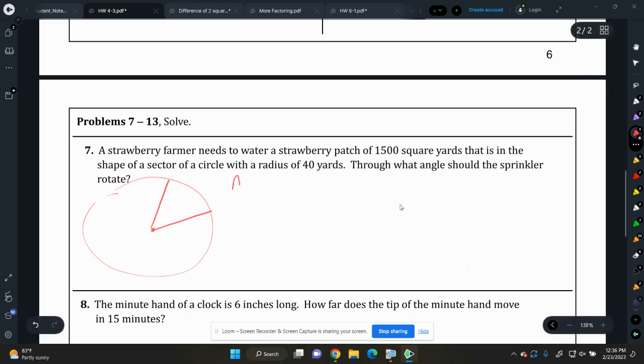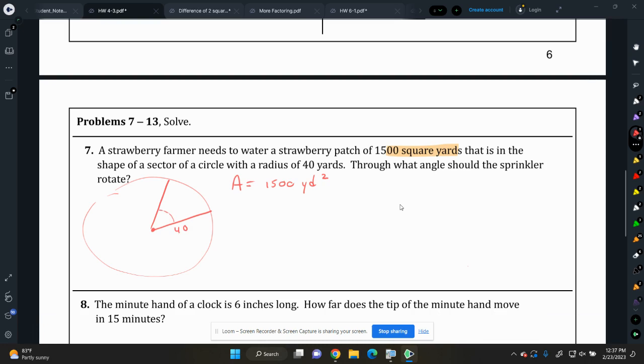The area of that sector, because it says square yards, the area is 1,500 square yards. Has a radius of 40 yards. And we're trying to figure out the angle.